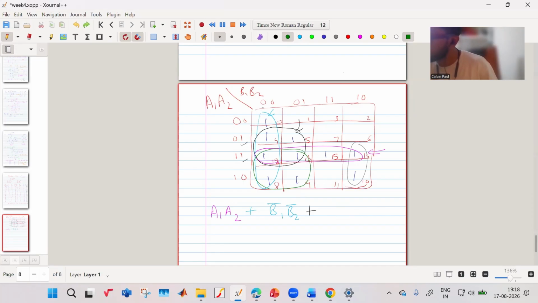For this case, A2 is 1 and A2 is 1, and B1 is 0, B1 is 0. So it is A2 bar B1. In this case, A1 is 1, 1 and B1 is 0 and B1 is 0. So it is A1 into B1 bar.